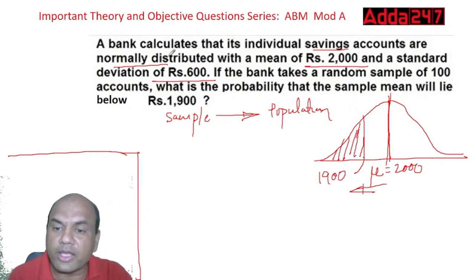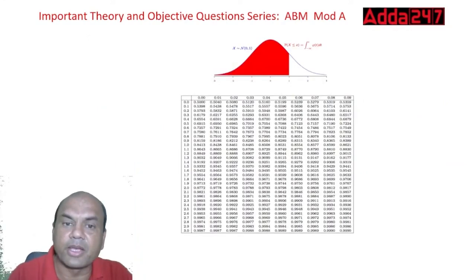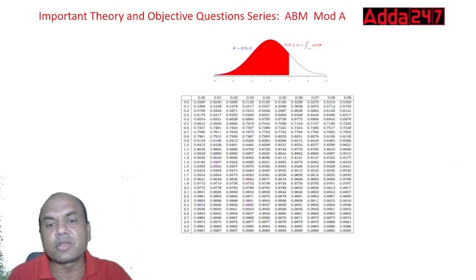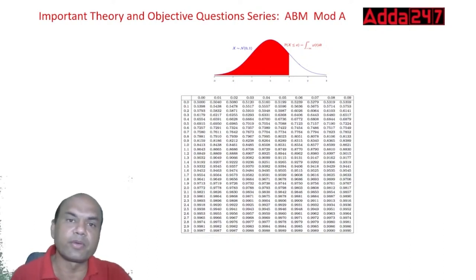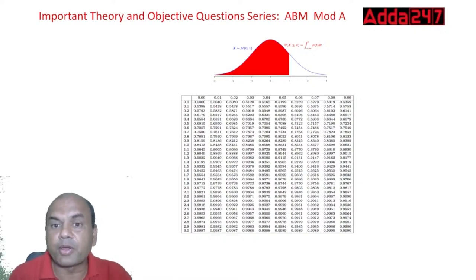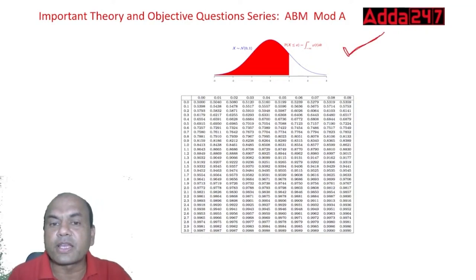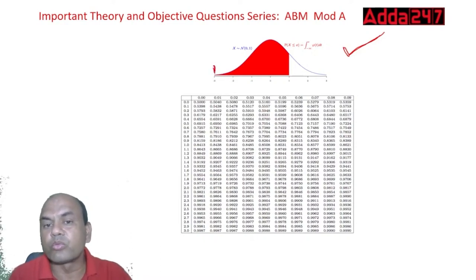Now how to find out the area over here? For finding the area, let me give you some hint. In the exam also they'll give you this normal distribution table. This table will be given to you, and now what do you have to check? The upper figure over here is very important. If this figure is given this way, it means it is starting from this point and moving to the right side.